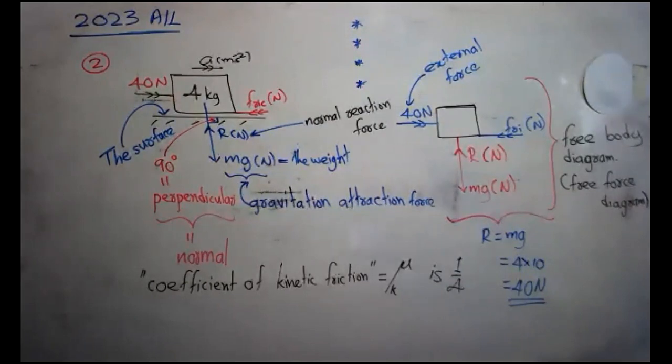Therefore, the horizontal external force should be greater than the friction force. The external horizontal force should be larger than the friction force.